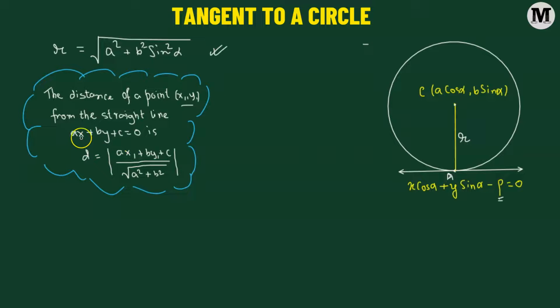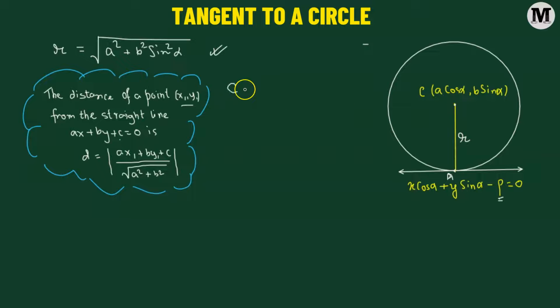All we are doing is taking the coefficient of x, which is a, and multiplying with the x coordinate of the point, so ax1. Similarly, we'll take the coefficient of y and multiply it to the y coordinate, so that's by1, and add it to the constant term of the line. This will be divided by the square root of a squared plus b squared, where a and b are the coefficients of x and y. This is the concept that we will use here.